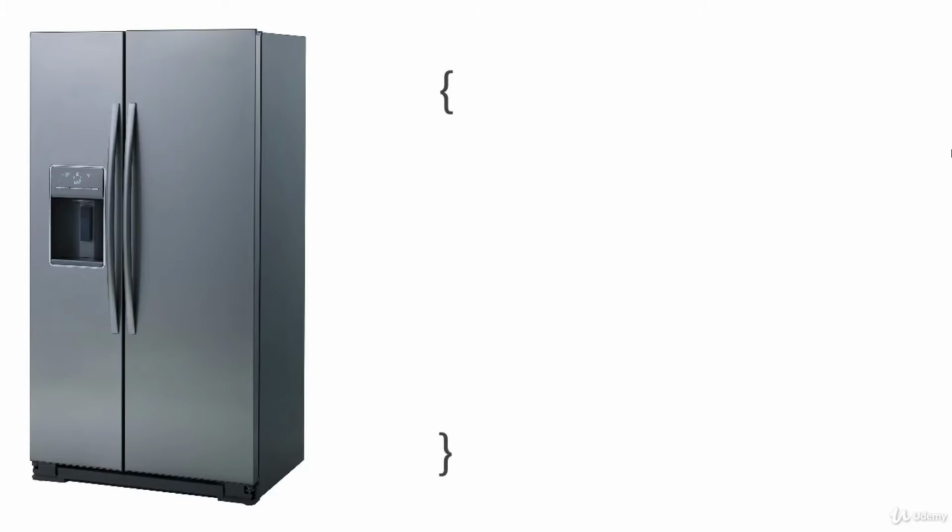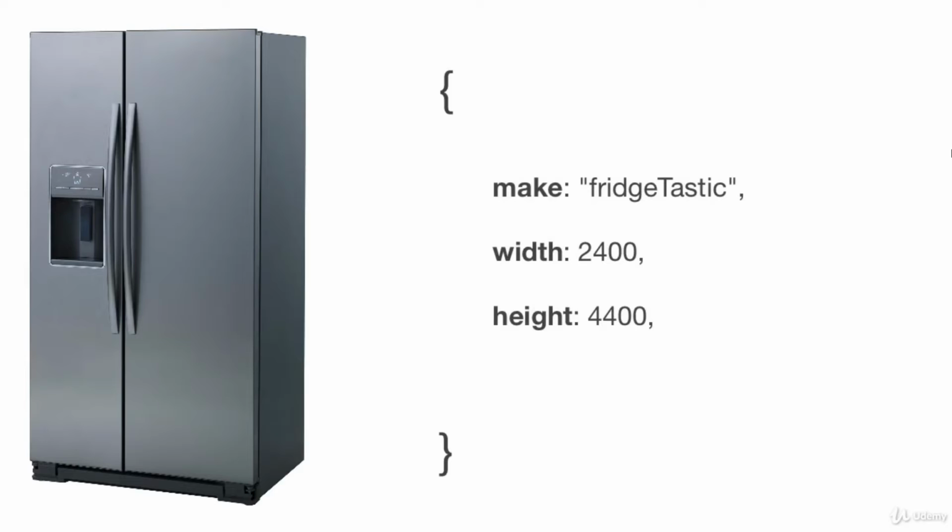And then within there, I'm going to take a look at a few nouns that describe this fridge. So it could be the make of the fridge, the size of the fridge, and so on and so forth. Then on top of that, I'm opening the fridge door. That's a verb. That's something that I'm doing to that object. Therefore, I'm running a method on that object. I'm opening that fridge door. If you keep thinking like this in your everyday life, I guarantee you object orientation becomes a breeze.